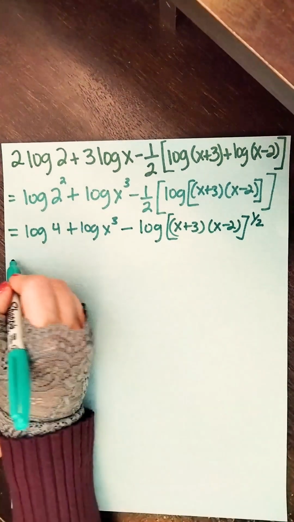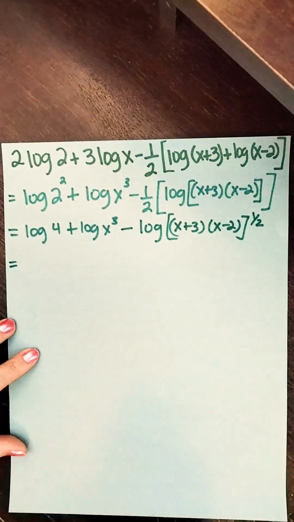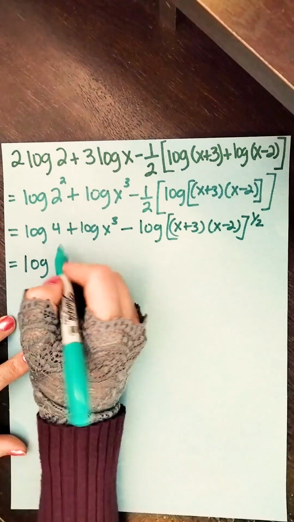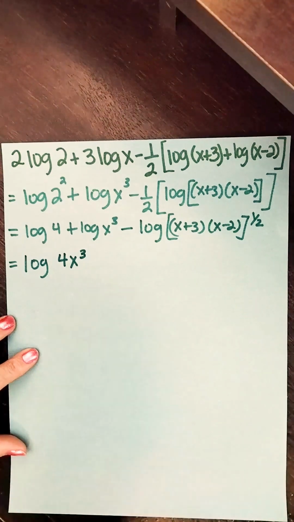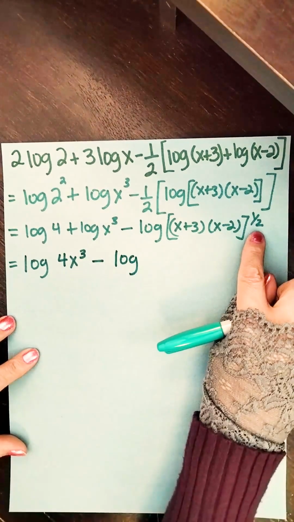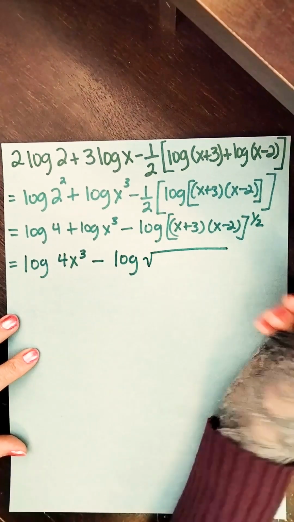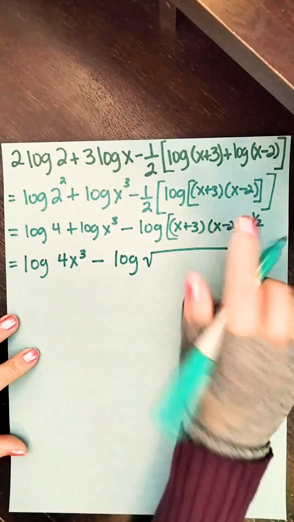And so what I then notice, I have a sum of 2 logs, and I can use the product property of logarithms. That states when you have a sum of 2 logs, then you multiply one argument times the other. And I'm subtracting the log. I'm going to write this 1/2 power, that is the same thing as a square root. And I can multiply this out as well.